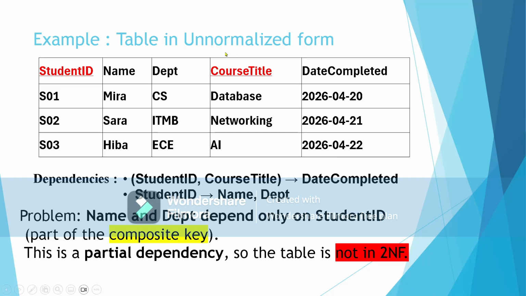So here course title is called a prime attribute, and name, department, date completed are non-prime attributes. Also, you can see the relation: by using student ID we can find out the name of the student as well as the department of the student.